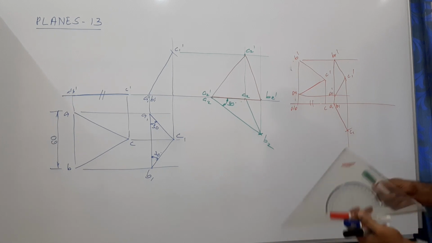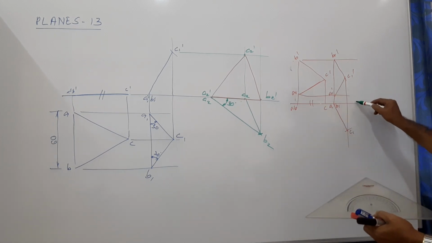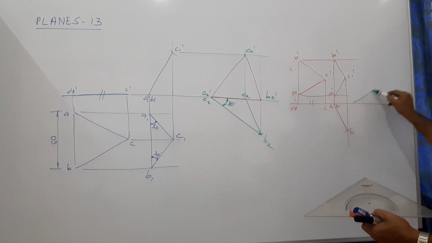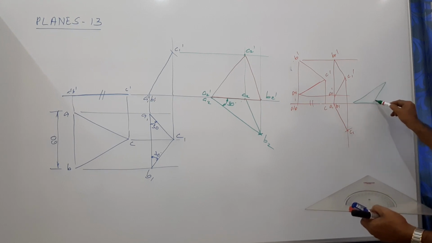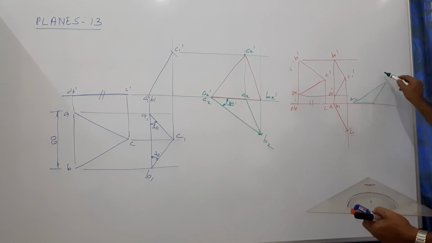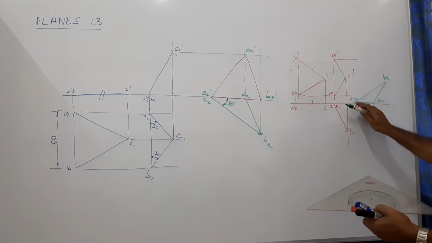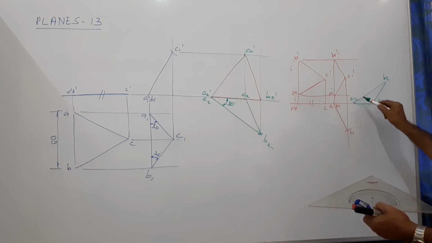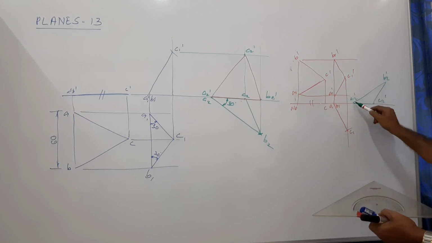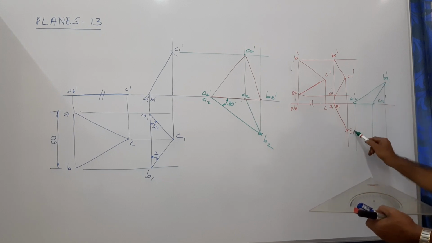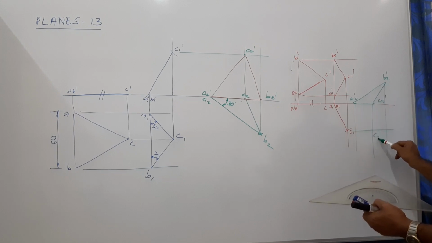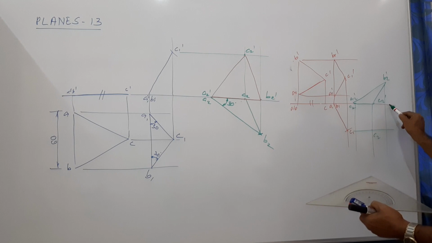Then what? Redraw this. A2, B2, C2 with the dashes. A2 dash, B2 dash, C2 dash. Draw vertical projectors down. Draw horizontal projectors. C2, A2, B2.